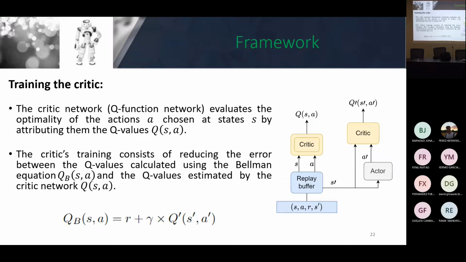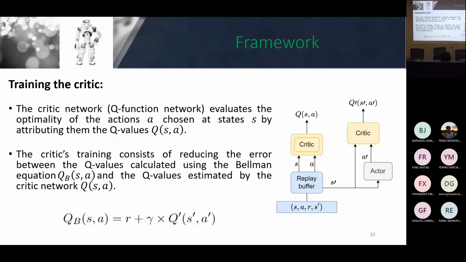As a pre-training procedure, which I didn't mention, we make the robot move within the box to record the state, the action, the next state, and the rewards. We put all of them in a memory that we call a replay buffer.